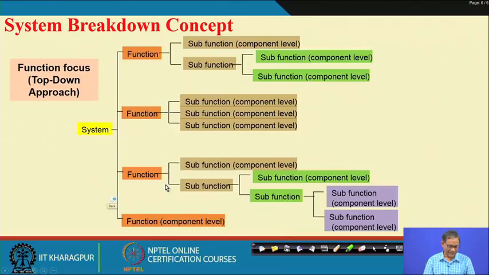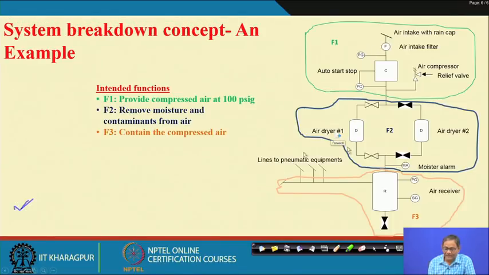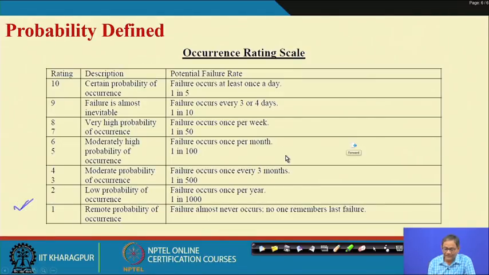I think in the reference you will get it: Basic FMEA, then Goodman, Management Mindset Universities, Wheelwright and Clark, the third one. So, we have taken from this. You can go through this and you may find something more.